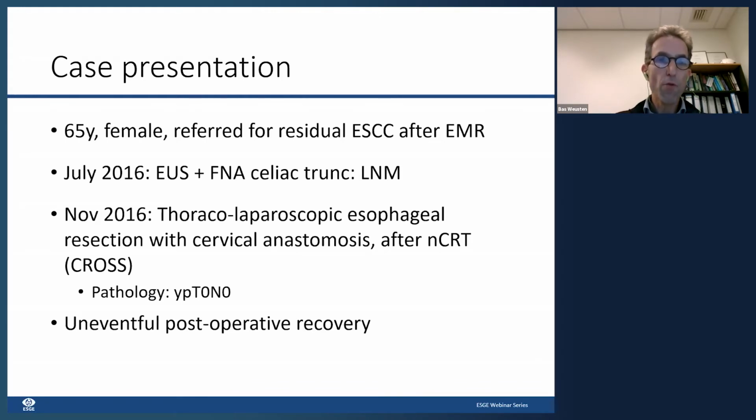And I performed an EUS, and I recognized that there was a lymph node at the celiac trunk, which after FNA proved to be a lymphatic metastasis. So she underwent a thoracolaparoscopic esophageal resection after neoadjuvant chemoradiotherapy in November of 2016. And the post-operative period was uneventful.